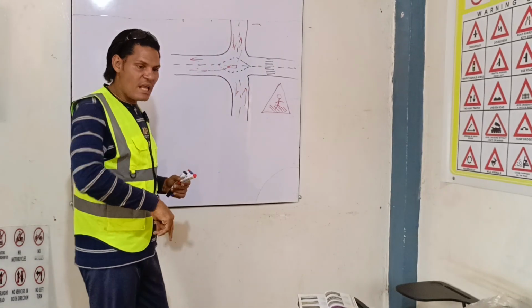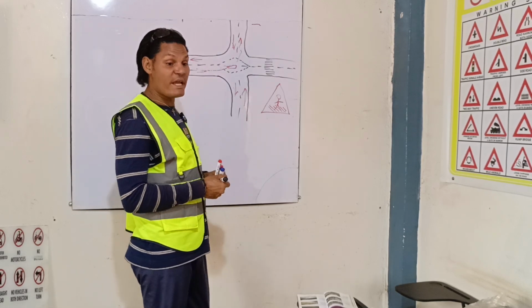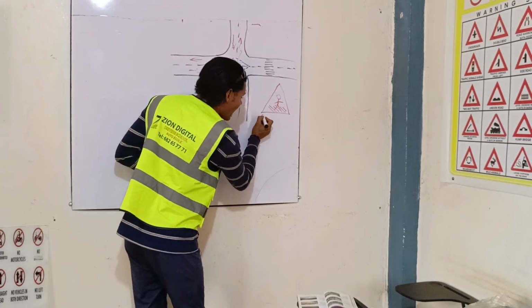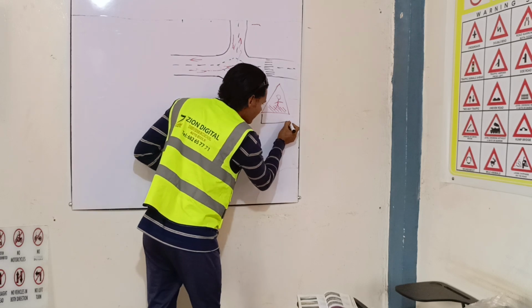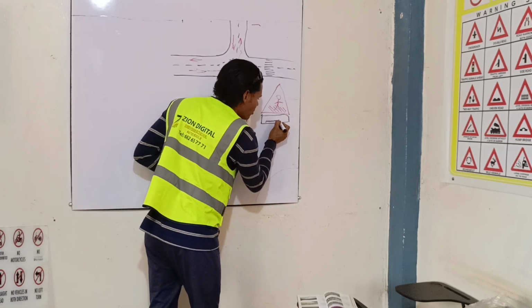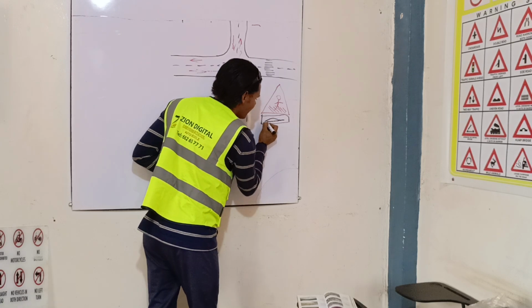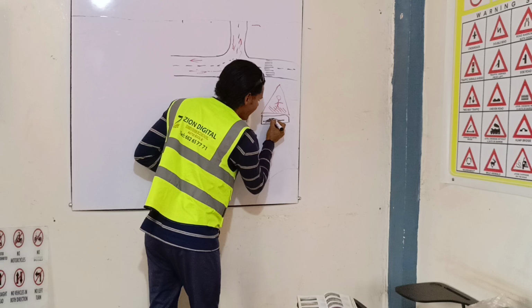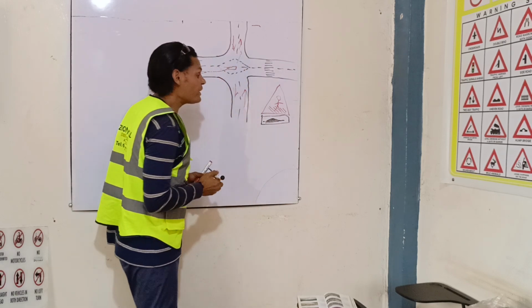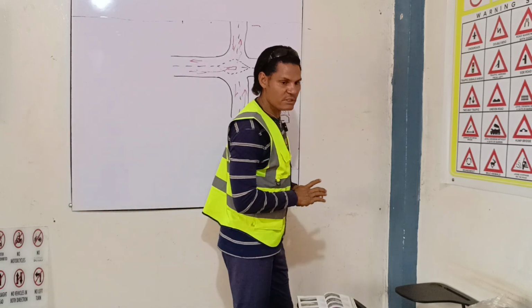Now, when it is raised, how is it indicated? You have an additional information plate added under the board, right? And then a speed bump will be drawn there. We know how our speed bump is represented now. That sign for speed brake, they will draw it and add it under the warning for the pedestrian crossing.